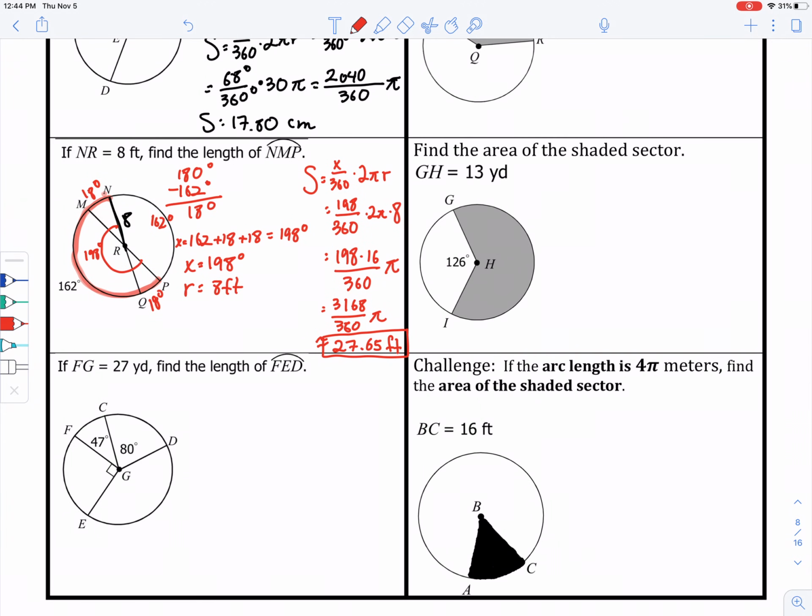Last problem here. FG is 27. We want to find the length of FED, a major arc. So let's label FG as 27 first, so we can see FG is our radius. So we know radius equals 27 yards.